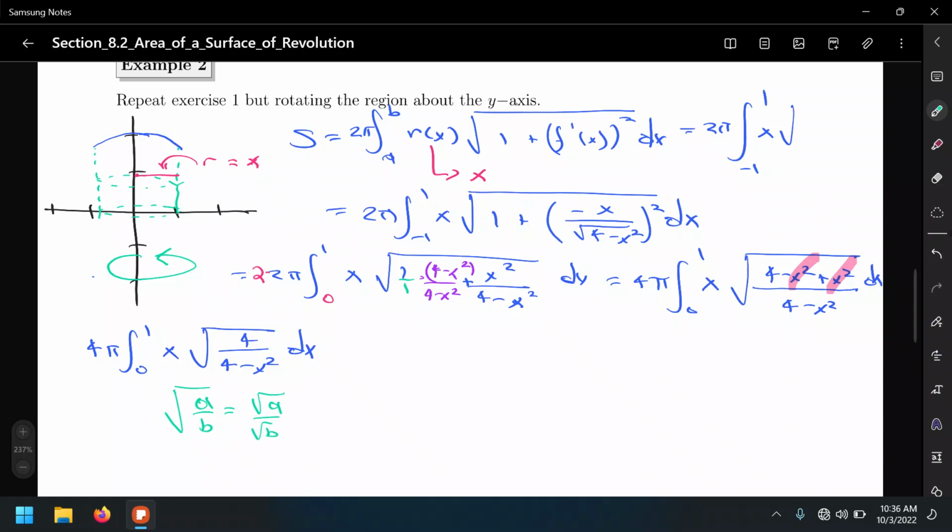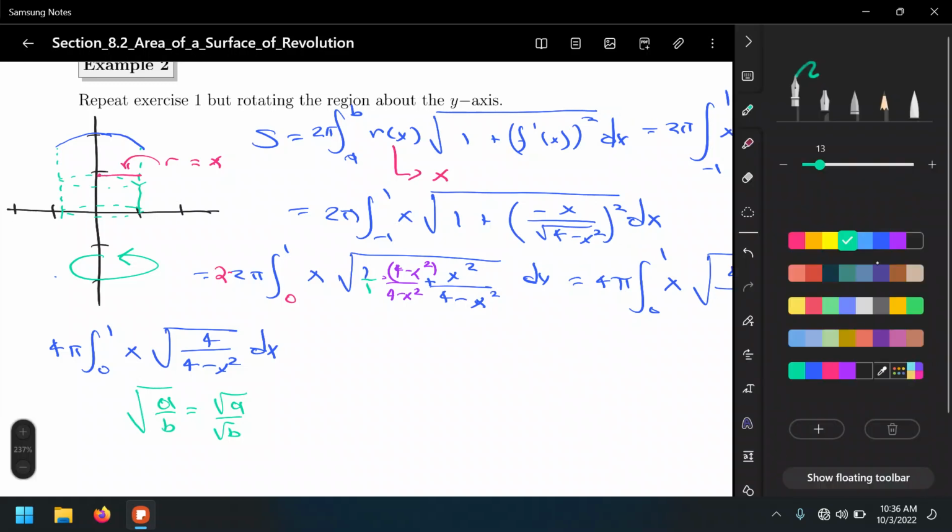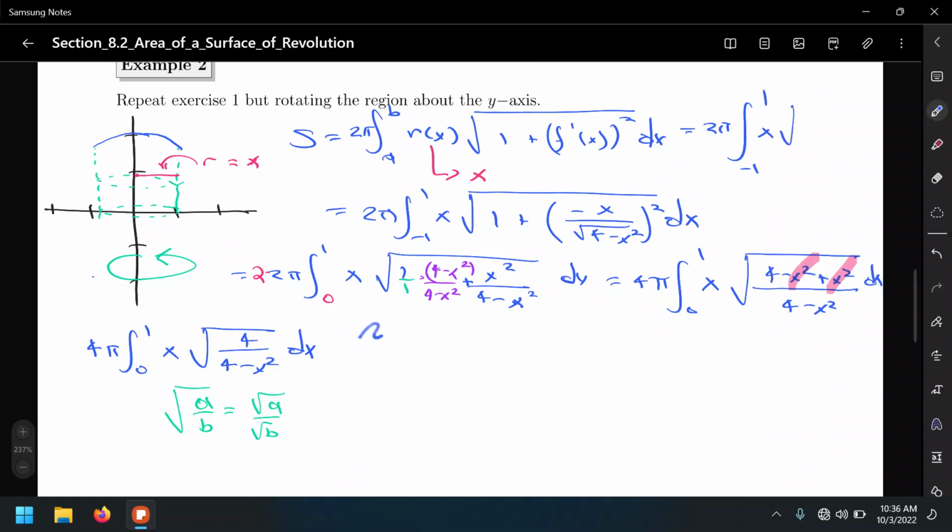This way we can simplify, since we can see the square root of 4, which is possible to simplify. So that's going to be 4 pi integral from 0 to 1 x times root of 4 over root of 4 minus x squared with respect to x. And the square root of 4, isn't that a 2? Which we can multiply with the 4 pi outside of the integral to give us an 8 pi.